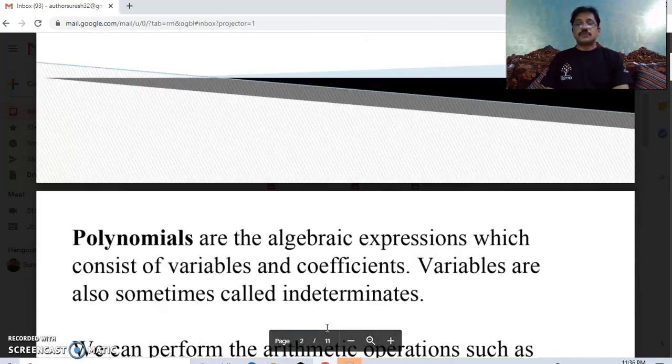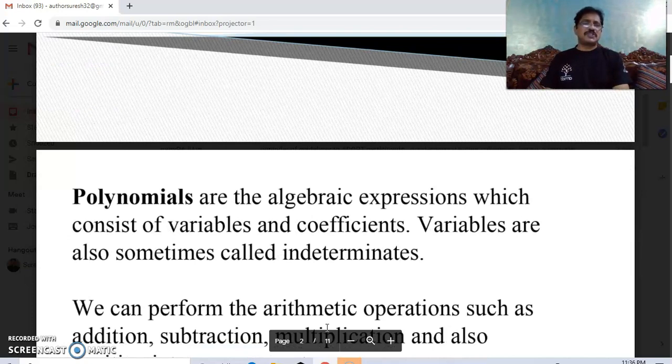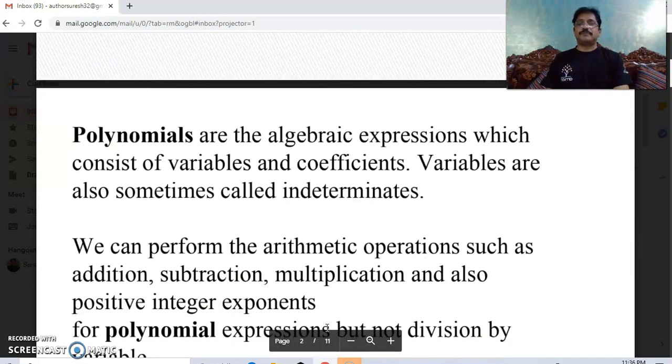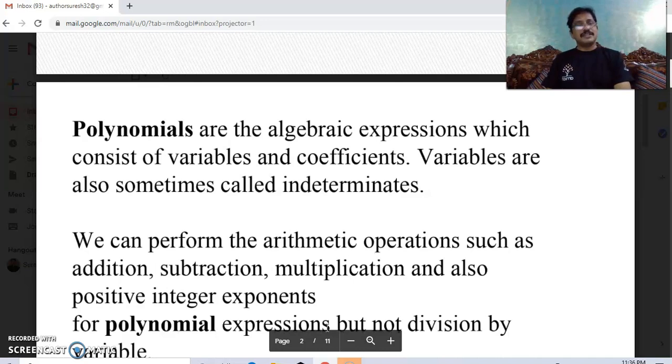Okay. So what is a polynomial? First, a recapitulation about polynomials. Polynomials are algebraic expressions which consist of variables and coefficients. Variables are also sometimes called indeterminates, as you know. We can perform the arithmetic operations such as addition, subtraction, multiplication, and also positive integer exponents for a polynomial expression, but not division by variables.